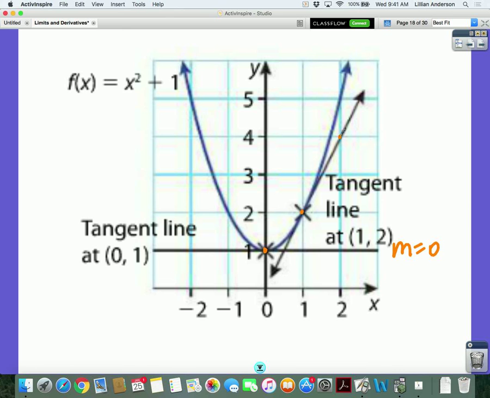Now, we can use old school slope to figure out, hey, to go from this point to this point on our tangent line, don't I go up 2 units and over 1 unit? What's that? 2. You found it. So the rule of 2x allowed us to find the slope at 0, at 1, and we could use it to find the slope at 2 and at any other point.